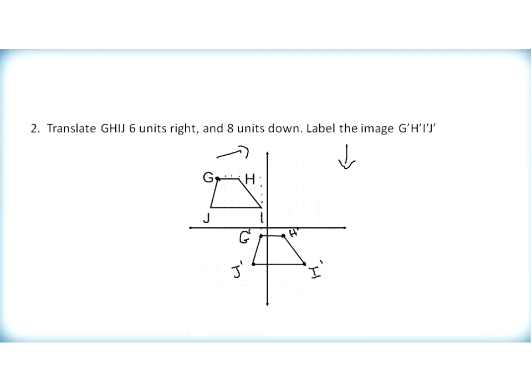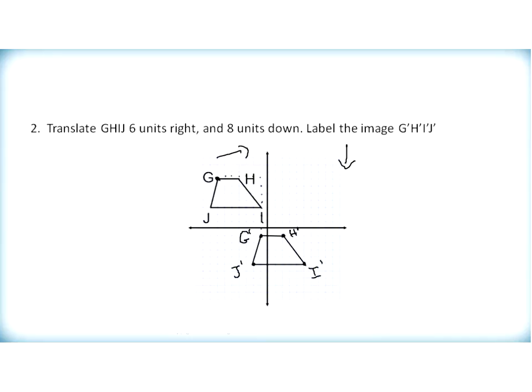So what you'll notice, hopefully, is that your shape is identical in its orientation. The longest side is at the very bottom, and the top and bottom are all parallel to each other. And it's also the exact same size. The difference between G and H, and G prime and H prime, is 3 blocks.